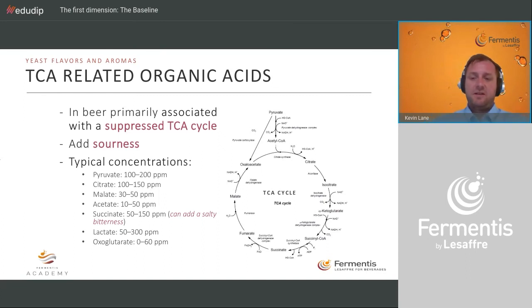But it's true for a lot of the compounds that yeast are producing in fermentation, that if the yeast are stopped or if they overproduce something, they need to create some balance, or they need to remove it from the cell so that it's not overpowering the cell. So a lot of these would be intermediates in the TCA cycle, and if it's suppressed, or if there's a stoppage for some reason, or an overproduction of some of them, the yeast will release it into the media.